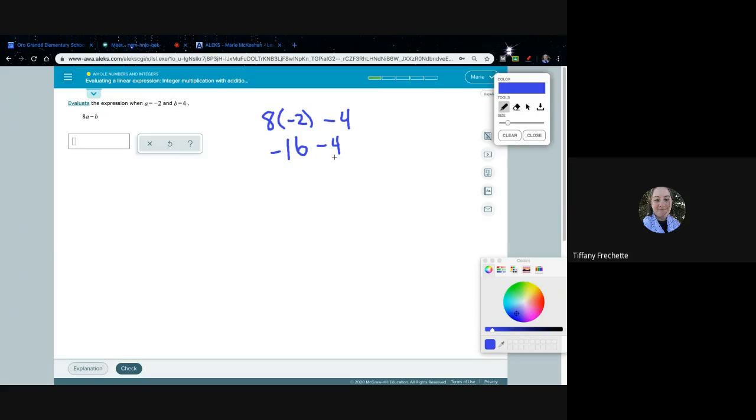So we keep the negative sign and we add the numbers, because I have 16 negative and I'm going to go 4 more negative. So that's a total of 20 negative. All right, so 20 negative, and check.